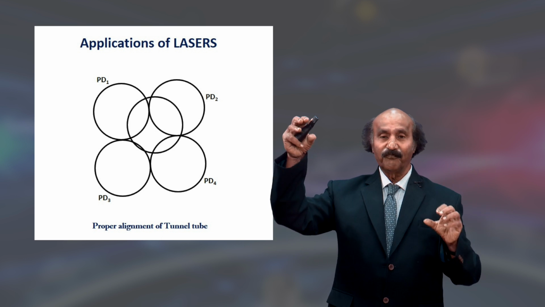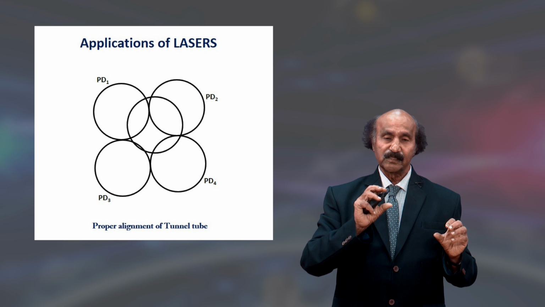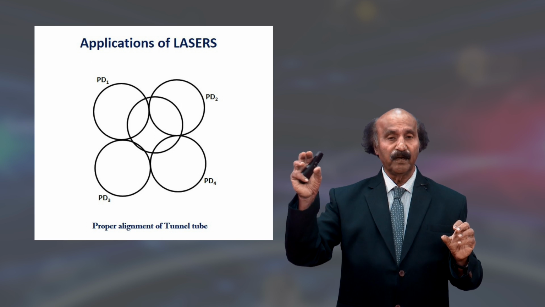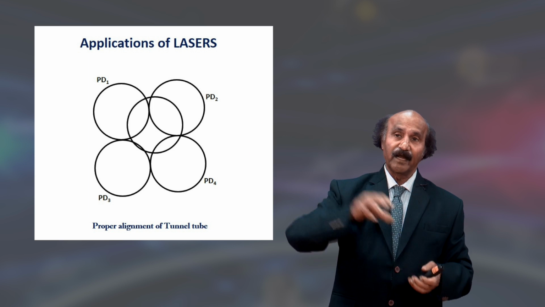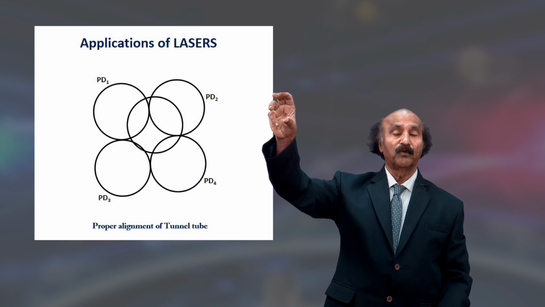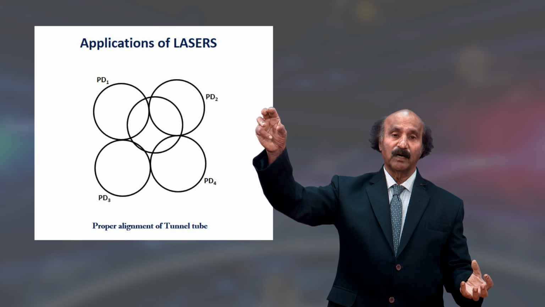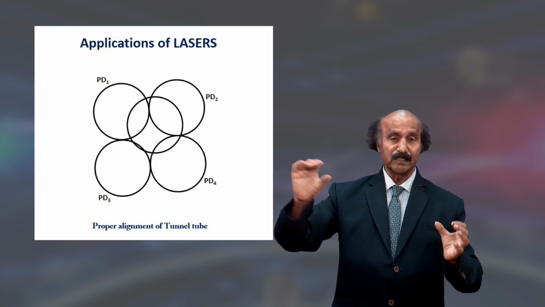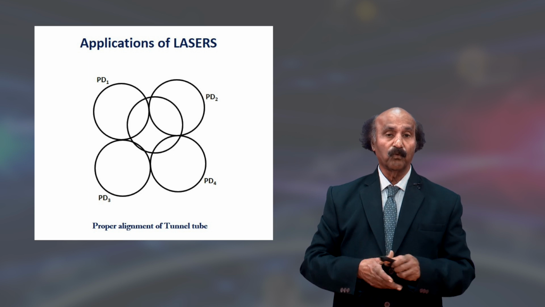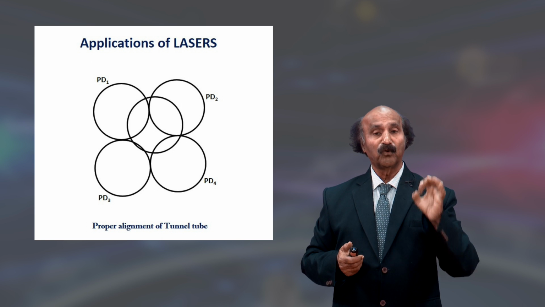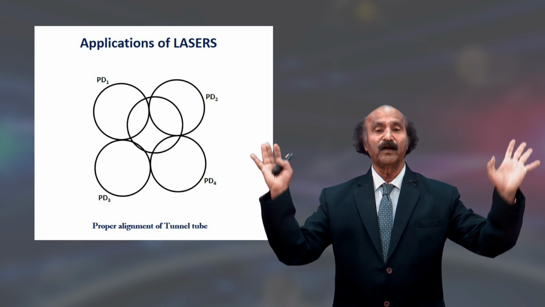If my tube is not blocking properly, it's not properly cutting the light, the light at this particular photodiode will be more, this will be less. So, all that I have to do is keep on adjusting the long tube such that all the 4 photodetectors show equal intensity.